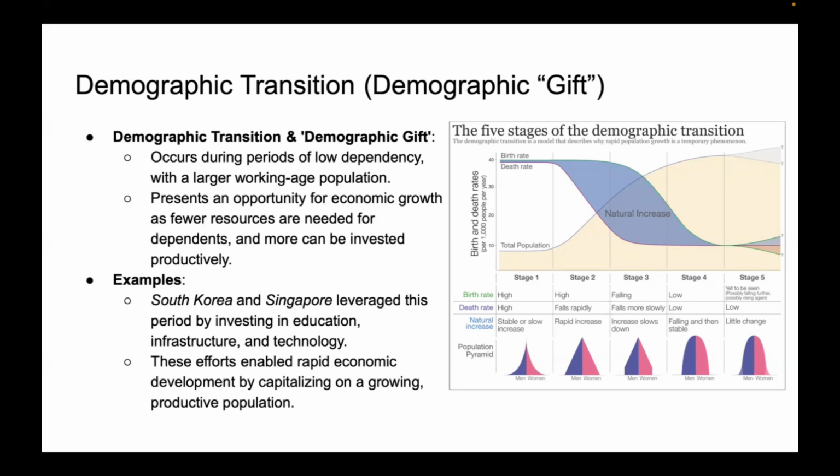Countries like South Korea and Singapore have leveraged this demographic window by implementing sound policies such as investing in education, infrastructure, and technological innovation. These efforts have allowed them to capitalize on their growing, productive populations and achieve rapid economic development.